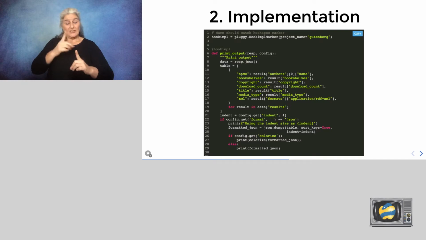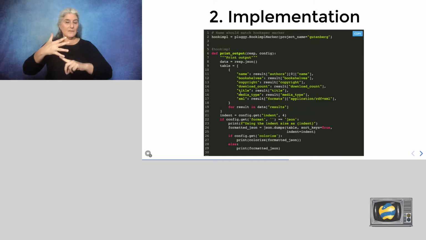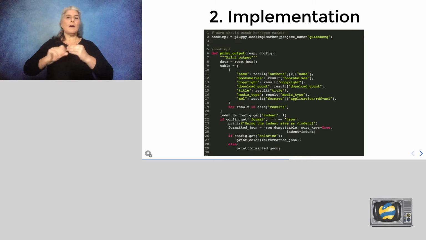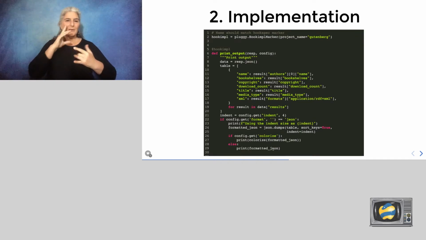The first is the author name, the second key is the bookshelf details, the third key is copyright information, the fourth is the download count, the fifth is the title of the book, the sixth is the media type, and the seventh is XML information. Now that we have the details to print on the screen, let's go about figuring out the formatting and other details.